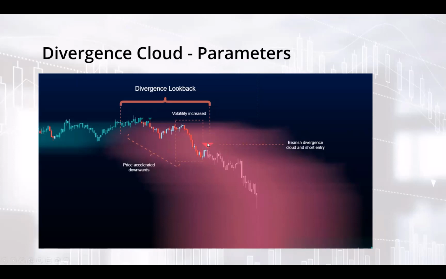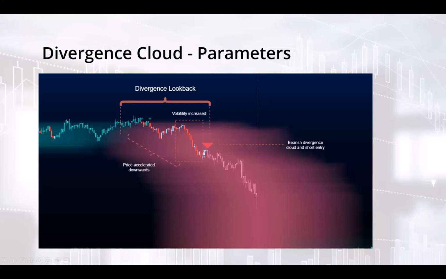How was this determined? First of all, we compared price at the beginning of our divergence lookback period, which was around here, and at the end of our divergence period, which is this signal here, because let's assume we are right now here. We can see price has moved down. It's clear to see just by comparing the candle here to the candle here.